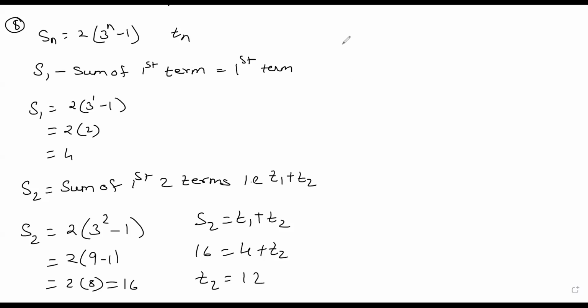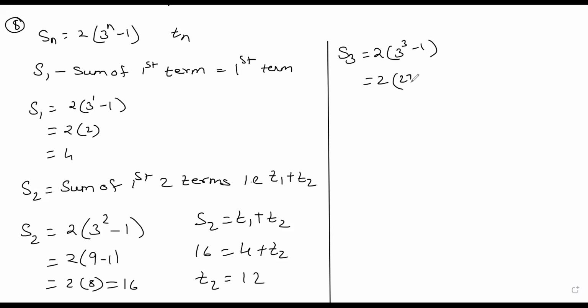Now next, the addition of the first three terms, S3. It is 2 into (3 raised to 3 minus 1). That is 2 into (27 minus 1), 2 into 26. 26 twos are 52.